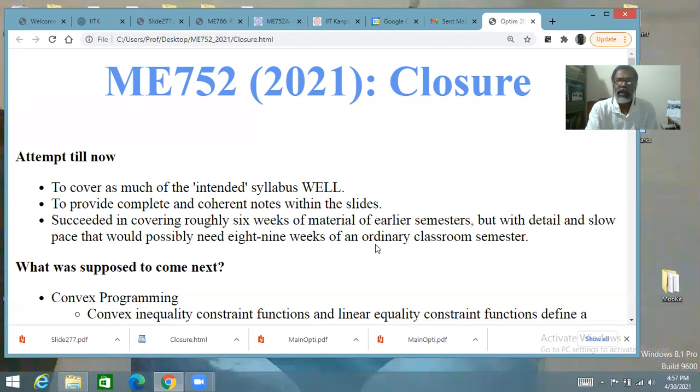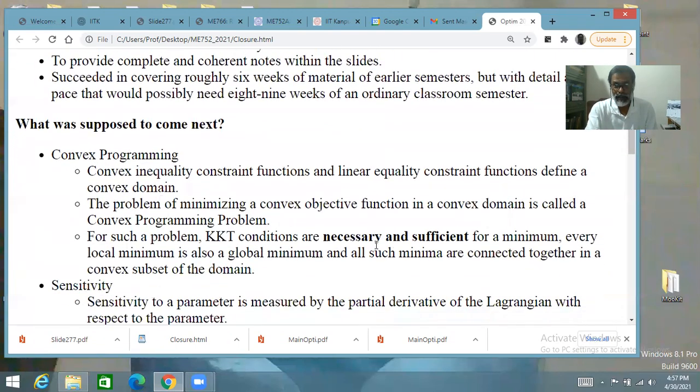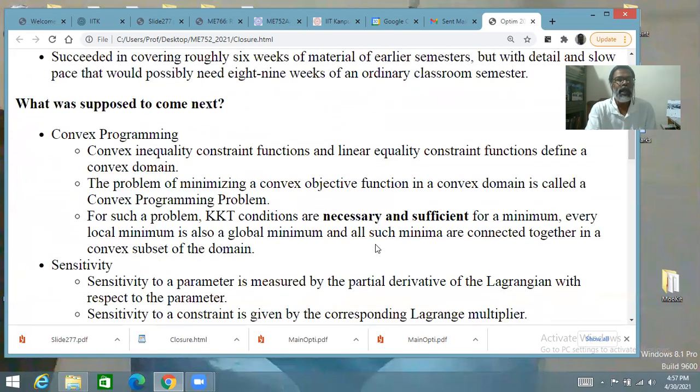Now, what was supposed to come immediately after what we covered in the last batch of lectures, lectures 22, 23, 24? After that, as I had already notified, the next topic was convex programming. And here, in an informative sense, I'm telling you what is the main point of convex programming.